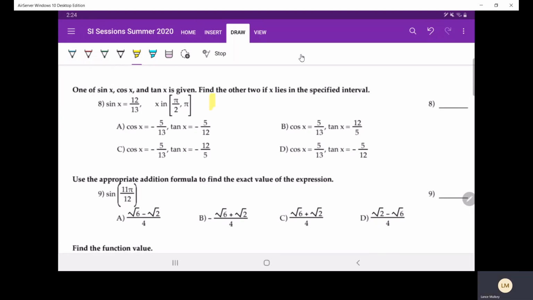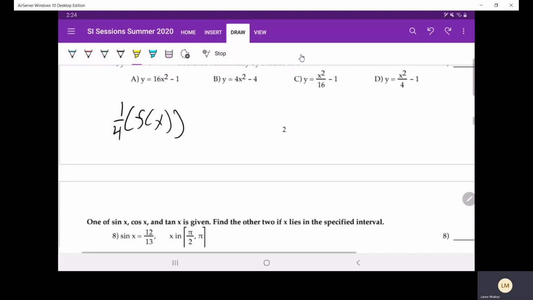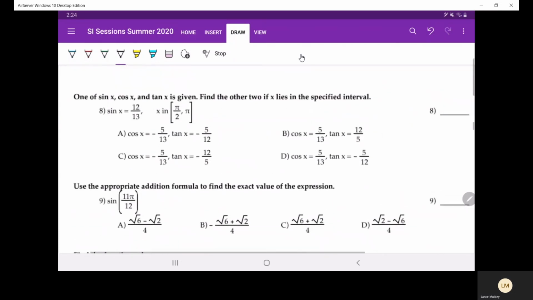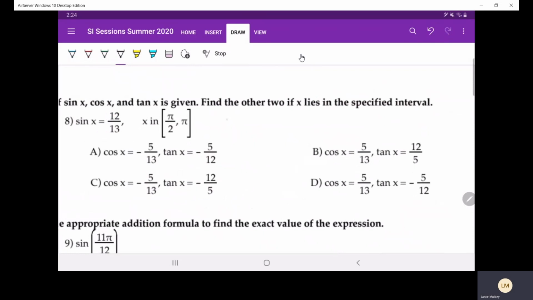So sine equals opposite over hypotenuse.